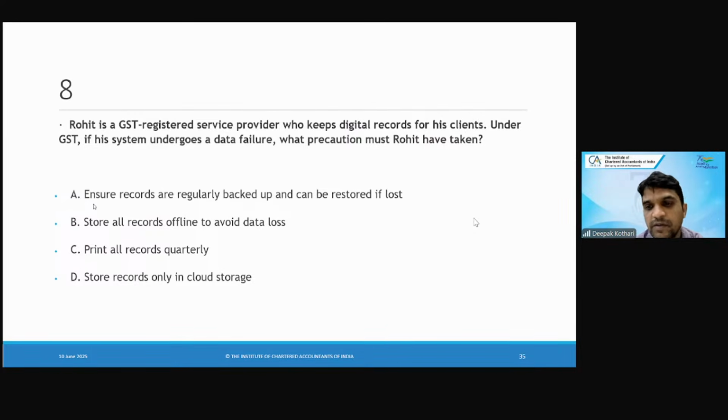A, B. How can it be A and B? It is A. Ensure records are regularly backed up and can be restored if lost.